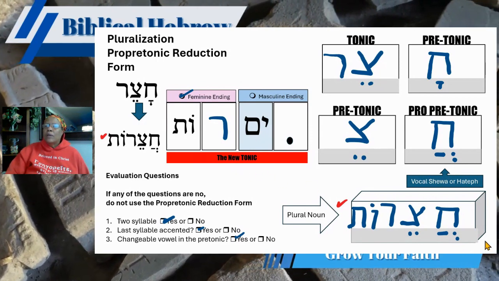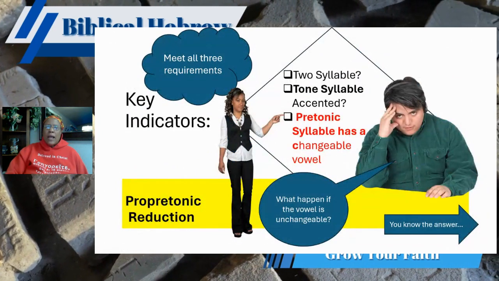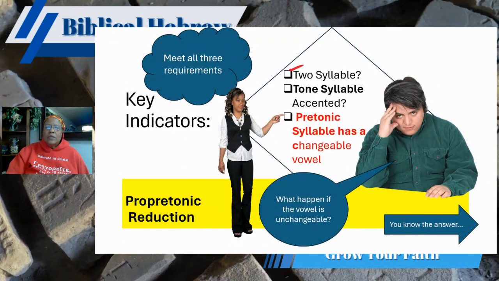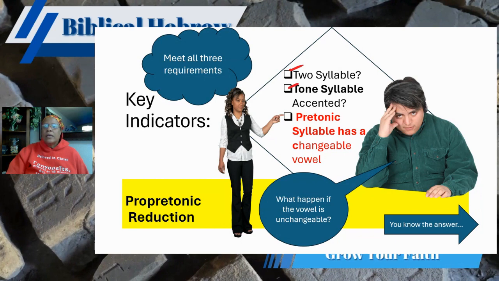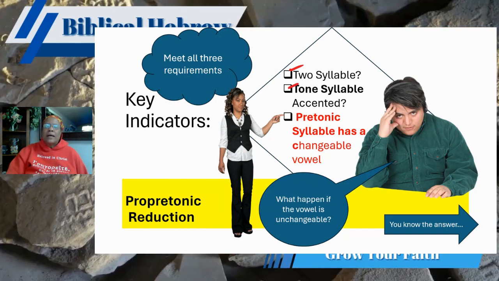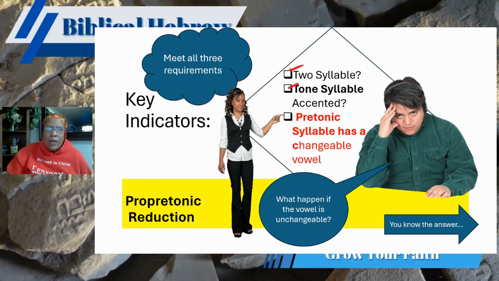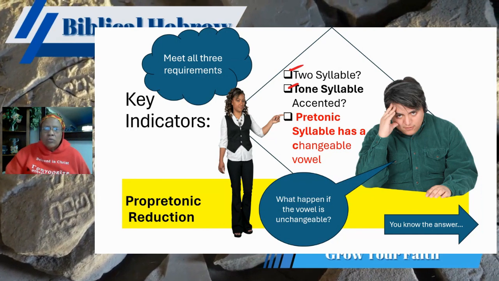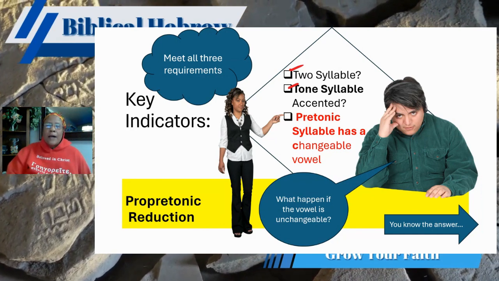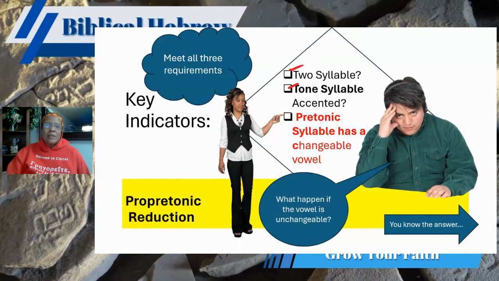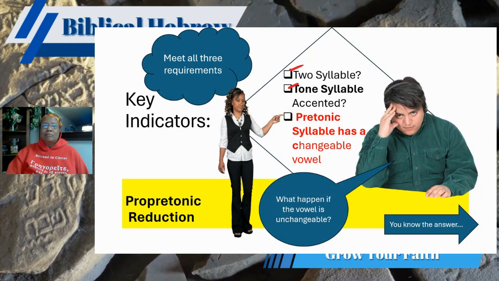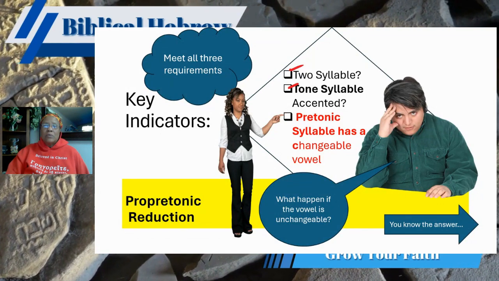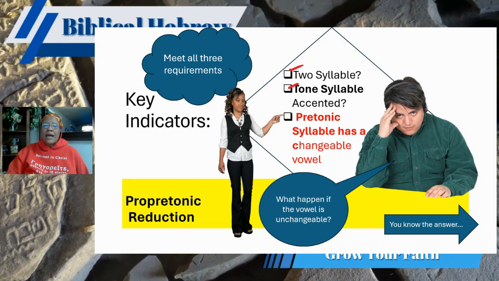wonder if we might consider what happens if we have a two-syllable word and the last tone is accented, but the vowel in that last tone, the tonic, is not changeable.